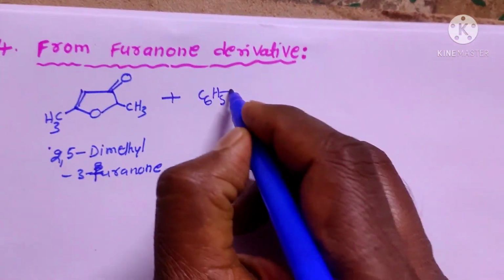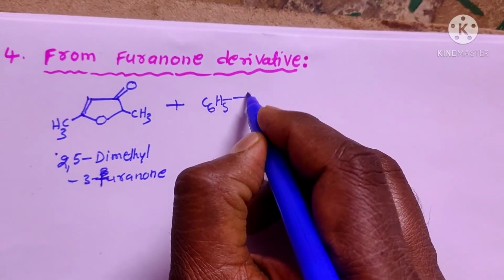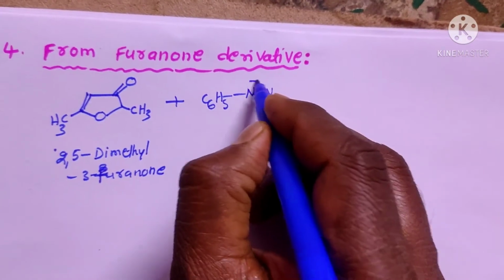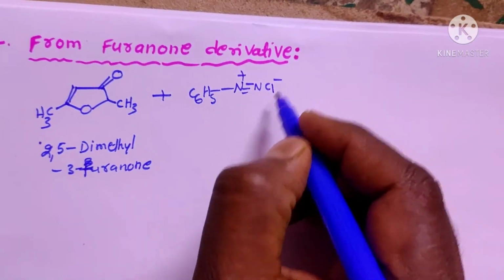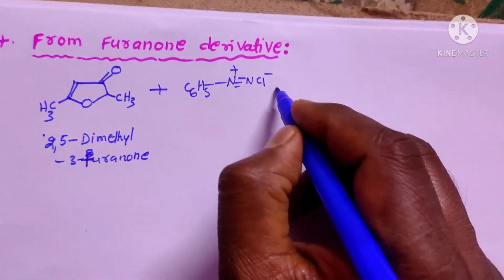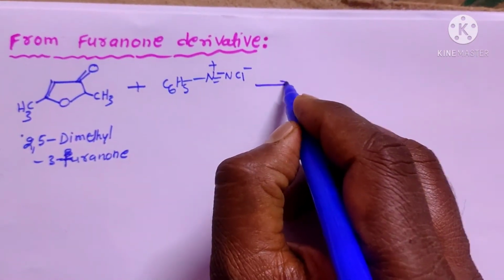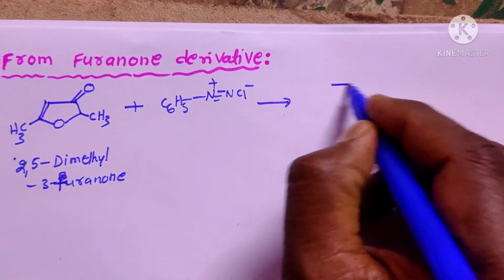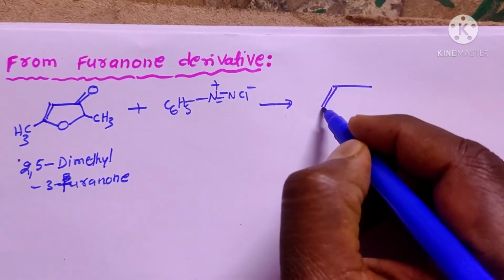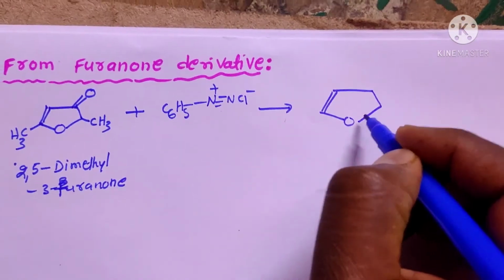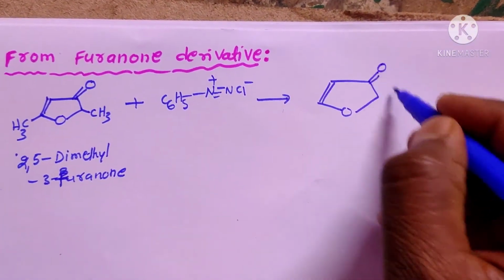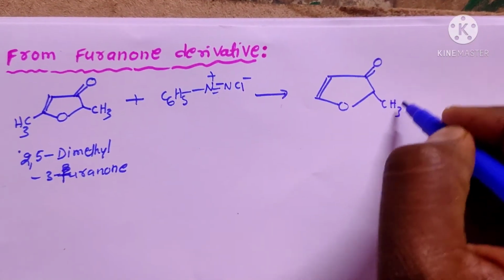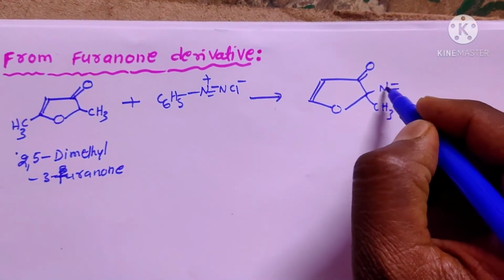Look here, C6H5N2+Cl-. So we can write that like this, N2+Cl-, no. As a result, substitution at the second position takes place, and we get this product. Look here, CH3, and here a diazo compound.